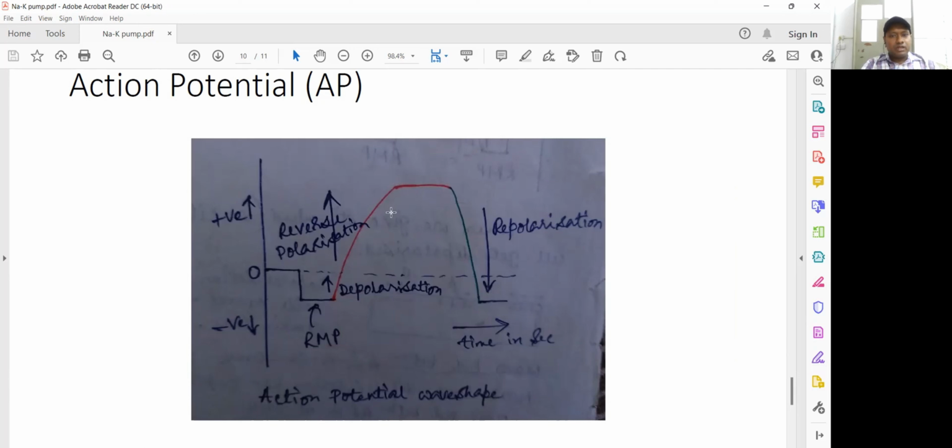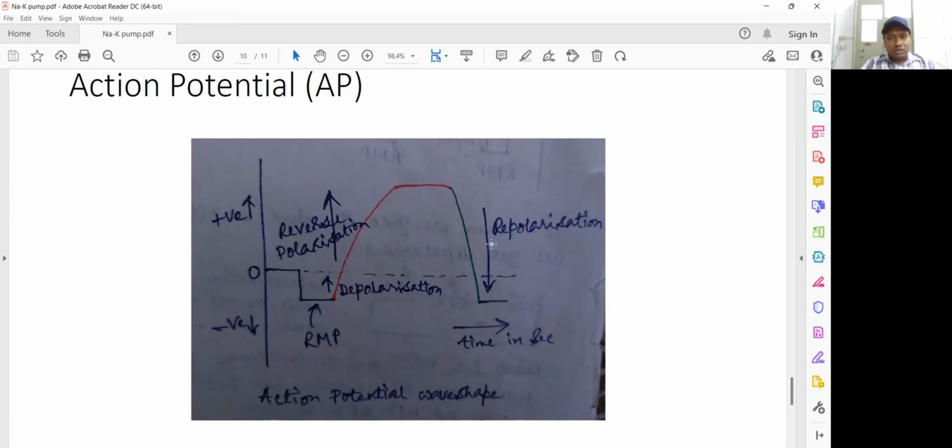Then this reverse polarized state will be retained for some time, as this is the x-axis, time in seconds. After some time this positive value will decrease towards zero, and after zero it will try to get back to its RMP stage.